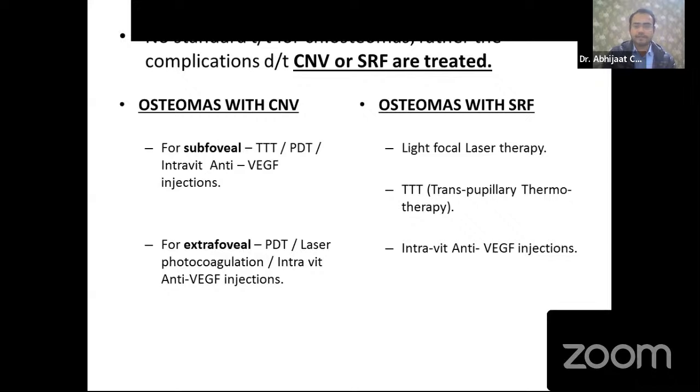And over that, transpupillary thermotherapy is done very commonly nowadays at majority of places using a diode laser. And intravitreal anti-VEGF injections can again be given to reduce the subretinal fluid, thus avoiding the complications occurring because of it.